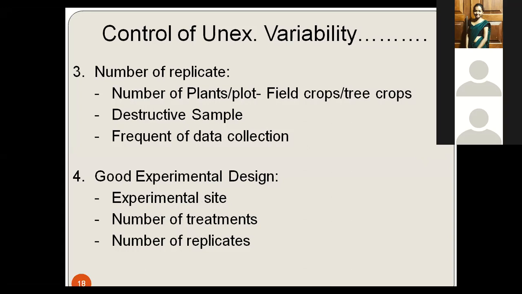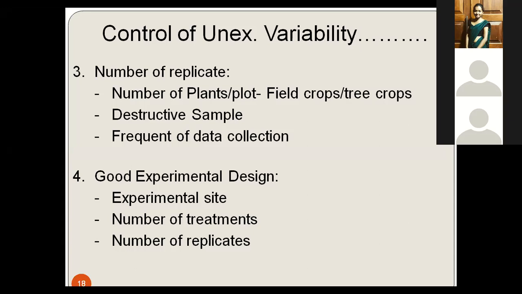Ultimately, if you do the experiment closer to that highway, the paddy yield will increase automatically, and you come to a conclusion that it is because of our treatment. No, it is because of the additional light. Do you understand? So we have to have good knowledge of how to plan.